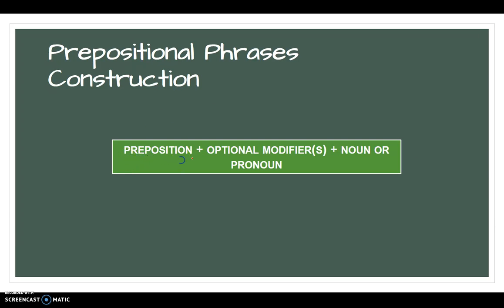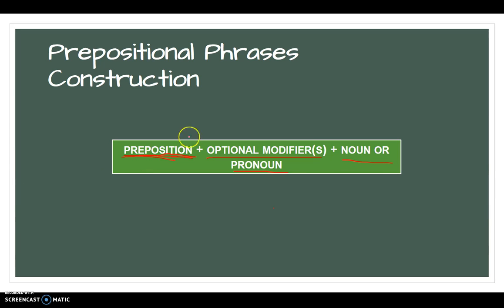It starts with a preposition, and there are about 50 or so common prepositions, and I'm going to put a document in our announcements that is a list of the common prepositions that will help you with picking out prepositional phrases. So you want to start out with picking out the preposition, then there will be any optional modifiers, and then it ends with a noun or pronoun.